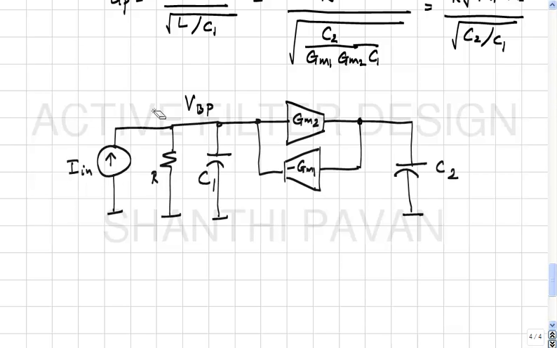So is it possible to realize a resistor using a control source? Yes, no? Can I use a voltage controlled current source to realize a resistor? Yes. How?